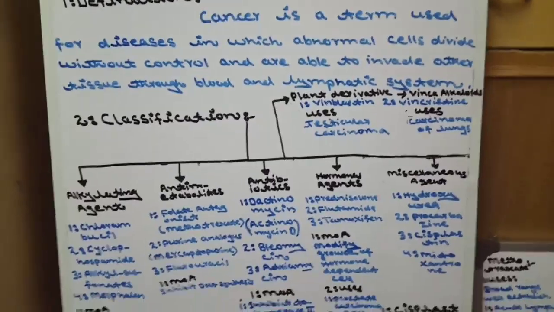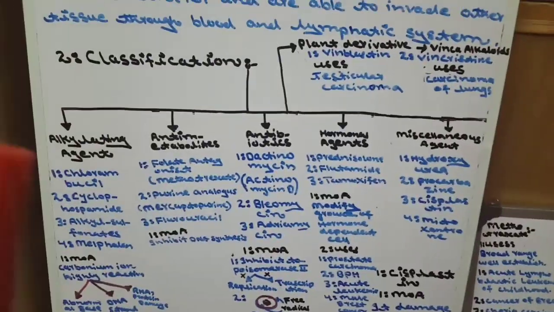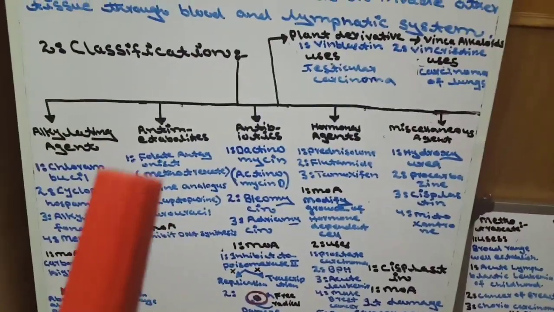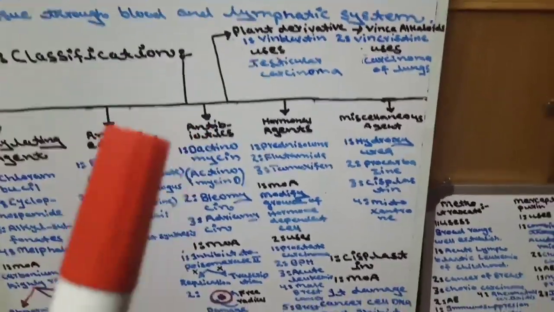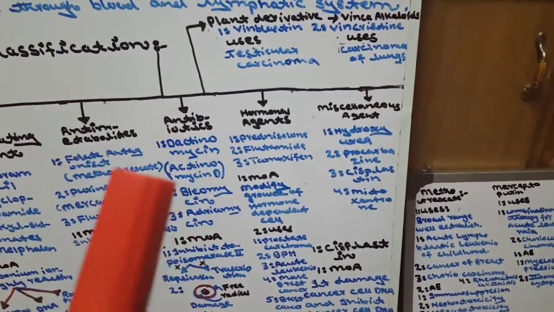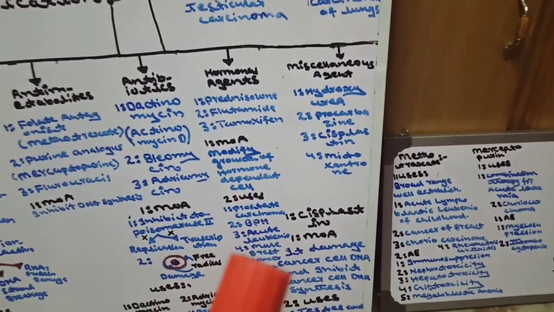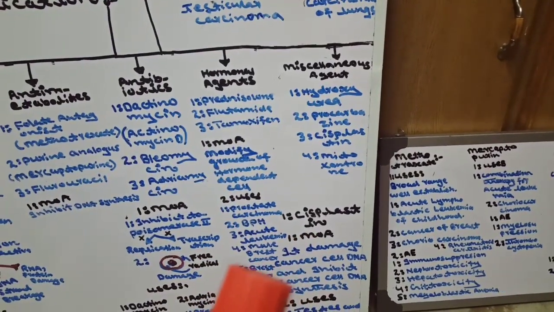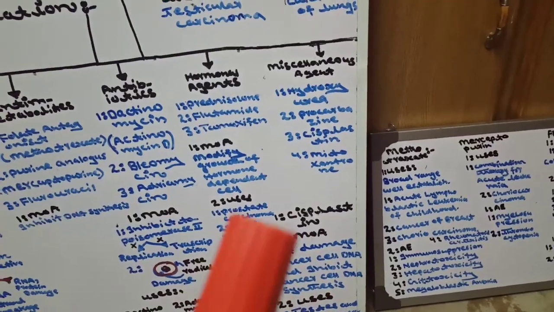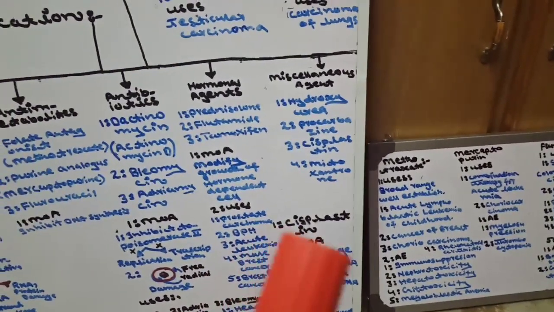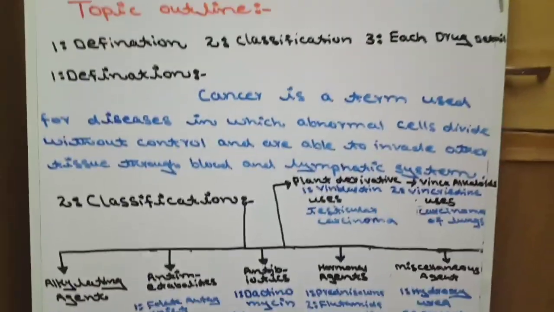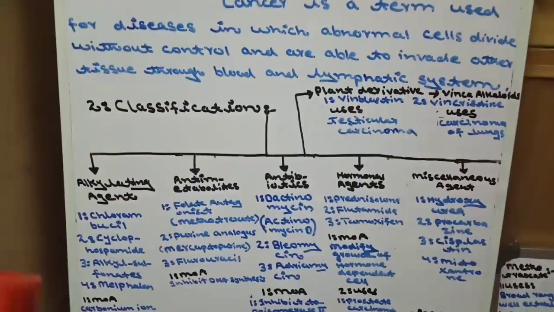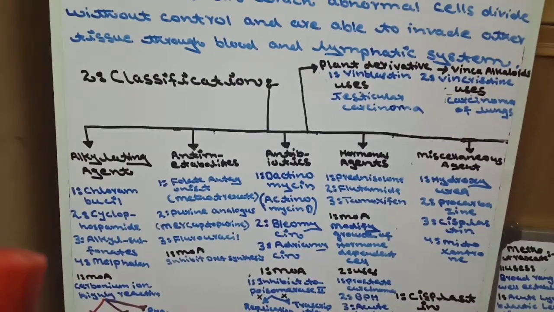Which group of anti-cancer drug only inhibits DNA synthesis? Antimetabolite. Which group of anti-cancer drug both inhibits DNA synthesis and damages the already present DNA? It is cisplatin. Now, today our topic anti-cancer drugs is complete.